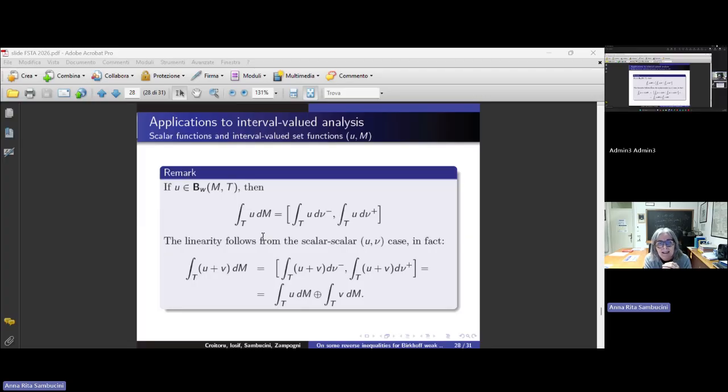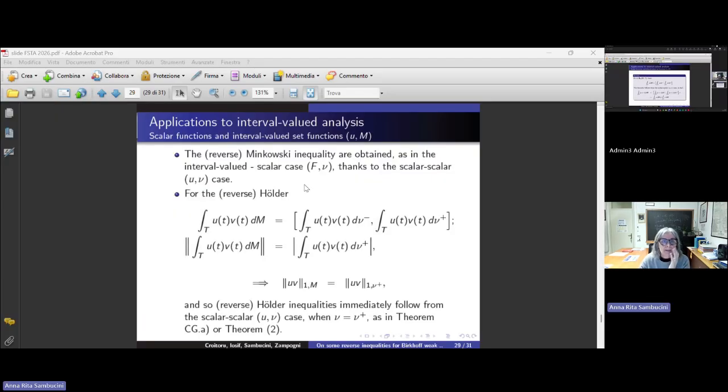The linearity follows from the scalar case, since we have this relation, and the Minkowski and reverse Minkowski inequalities are obtained directly from the scalar to scalar case.